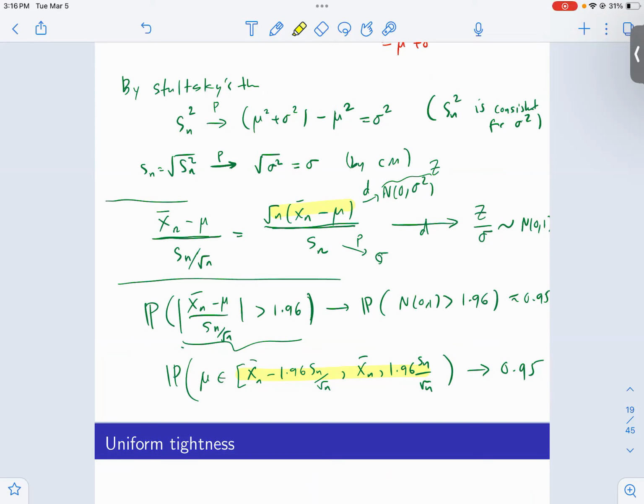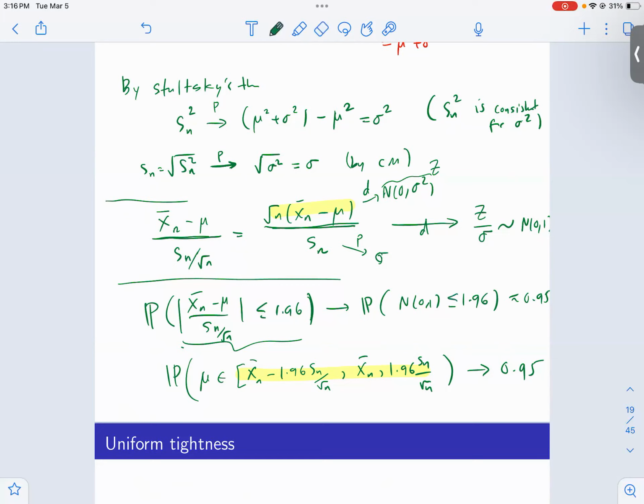Here you use the normal, and asymptotically it is correct. Okay, it's asymptotically valid. I think it might be less than. Oh, yes, you're right. So this would be correct: less than or equal to 1.96, yes.